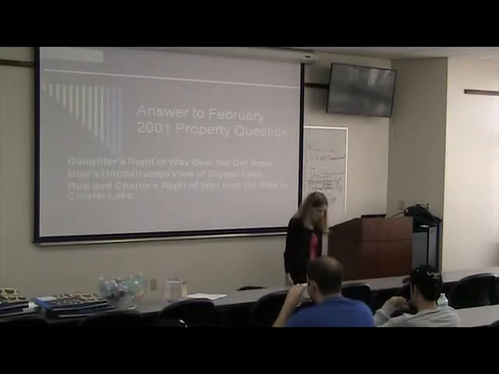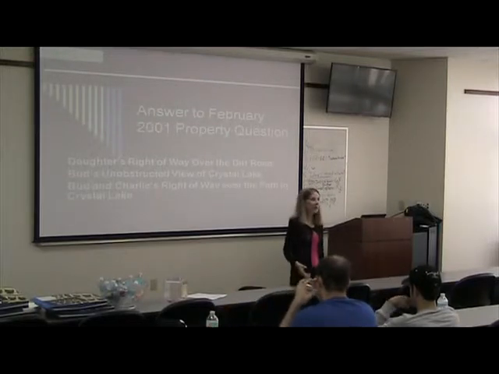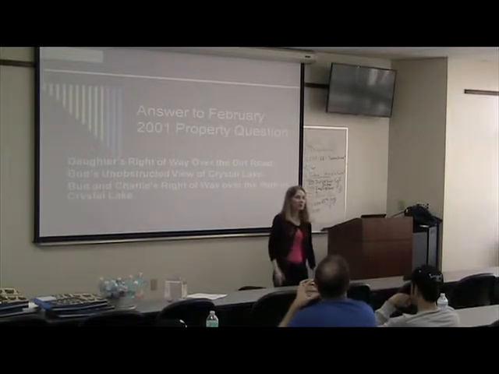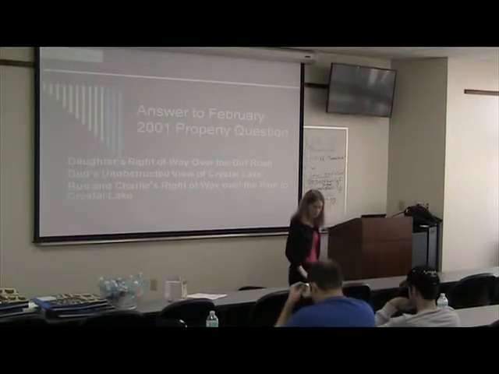In 1975, Charlie, who's the owner of Lot 3, jumps in and starts using the path too. So now we have both Bud and Charlie using the path. Once again, we may, at a minimum, have a prescriptive easement as to Charlie.